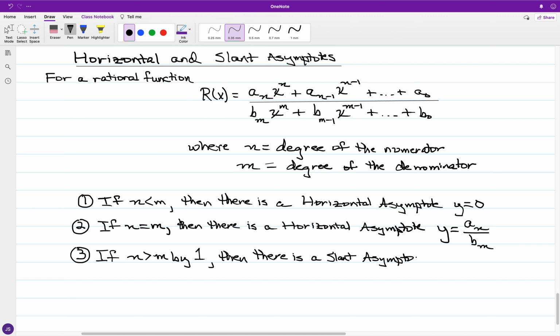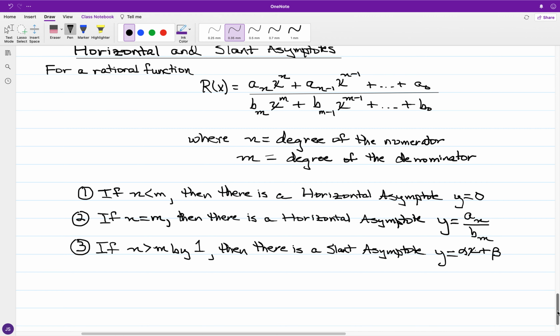And the slant asymptote is going to be a straight line. I would normally write this in slope-intercept form, like mx plus b, but I've already used up the m and the b, so let's use Greek letters here. So you have y is equal to alpha x plus beta, where alpha is going to be the slope, and beta is the y-intercept.